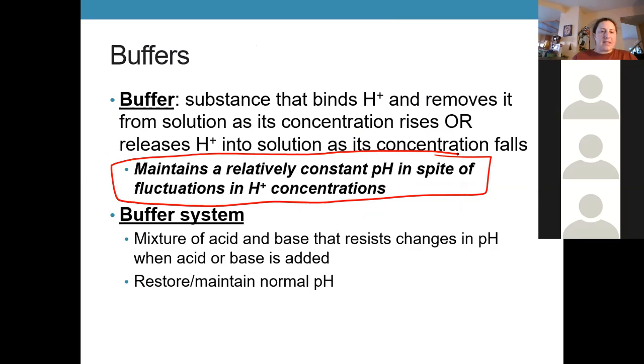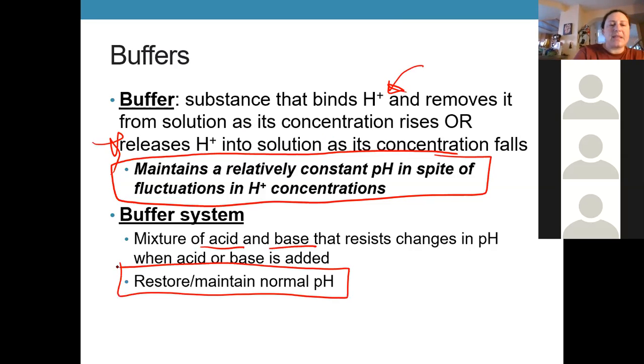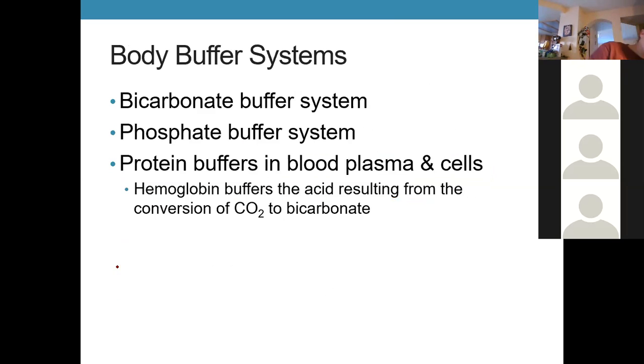A buffer system is typically a mixture of both an acid that releases hydrogen into solution and a base that binds it, which makes it very effective at resisting changes in pH whether an acid or a base is added. Buffer systems function to restore and maintain normal body pH. There's buffers outside the body too, but for our purposes, it's all about the fluids in the body. So there's 3 major buffer systems, and they're important in different fluid compartments. We'll go through them one at a time.